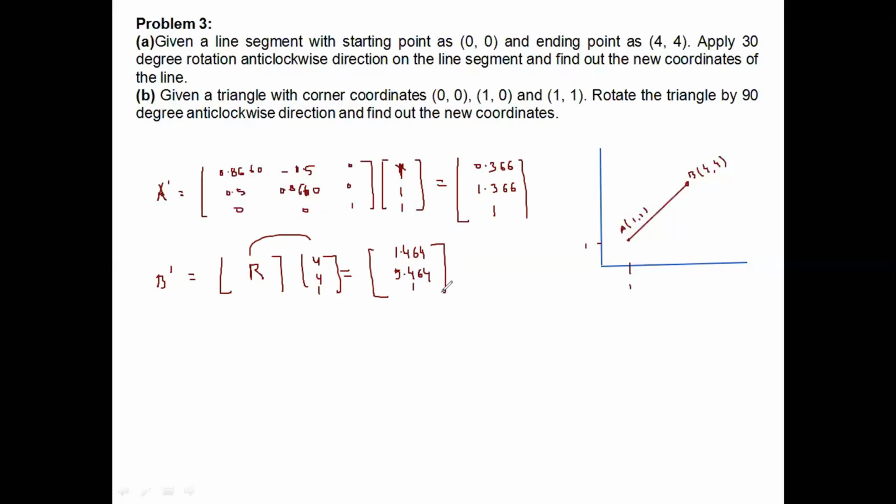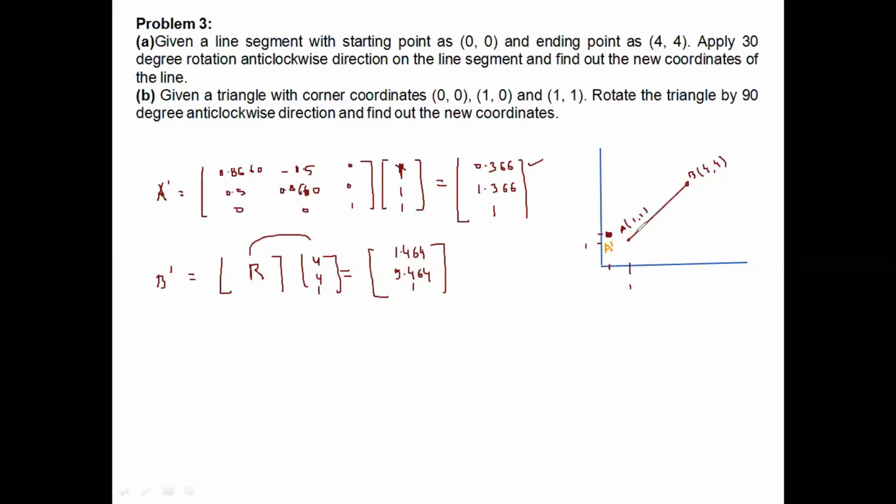Now let's redraw the figure. Where is A dash? In the x direction it is 0.3, so somewhere in x it will lie over here, and where is 1.3? Let's say this. So this will be your A dash.